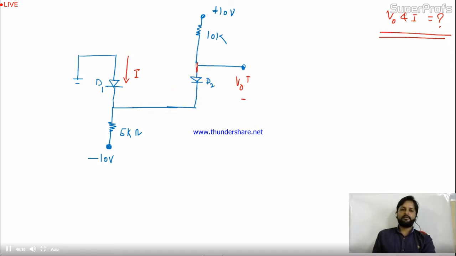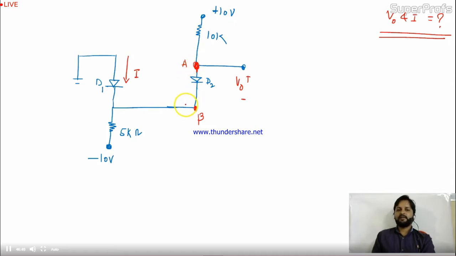You don't know the potential at point A and at point B. If this resistance were 0, terminal B would be connected to minus 10 volt. In that case D2 will be in forward bias, because definitely this potential will be positive, as this 10 volt battery is connected to A.